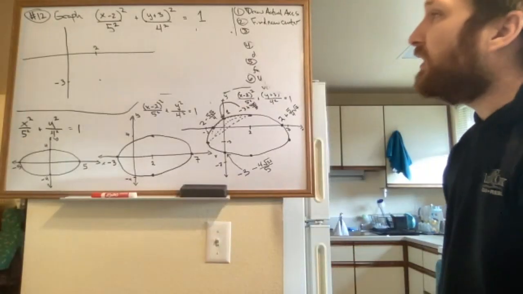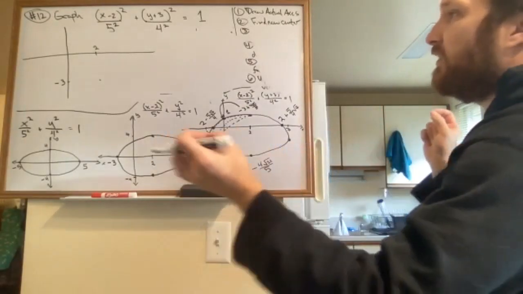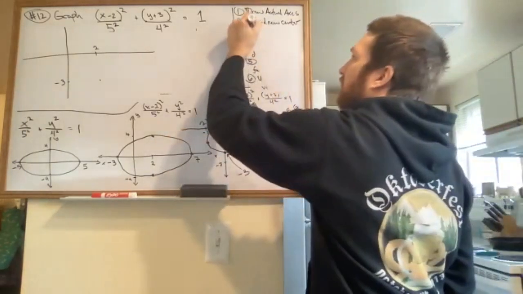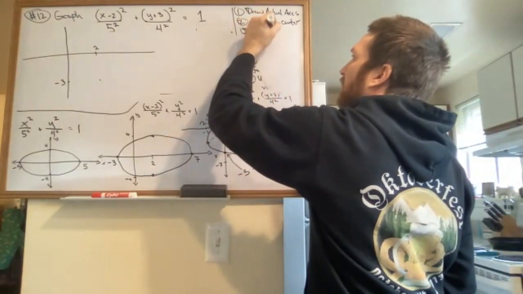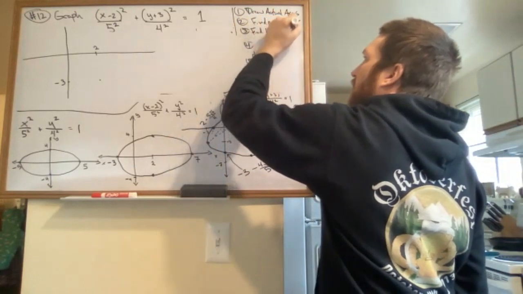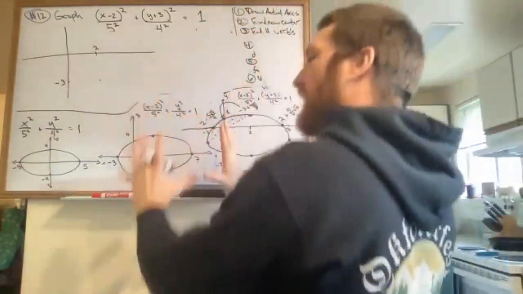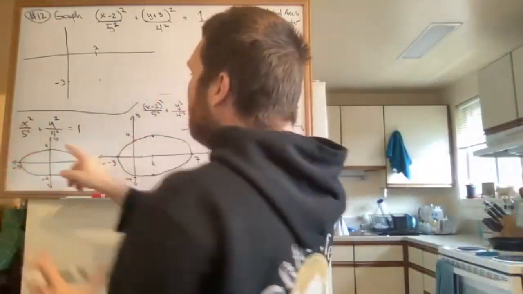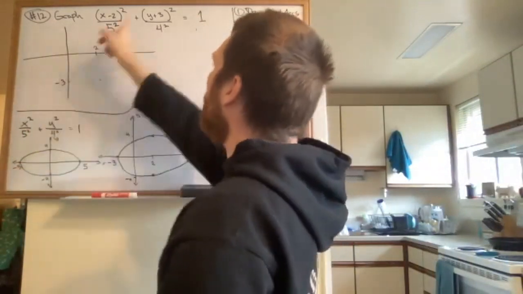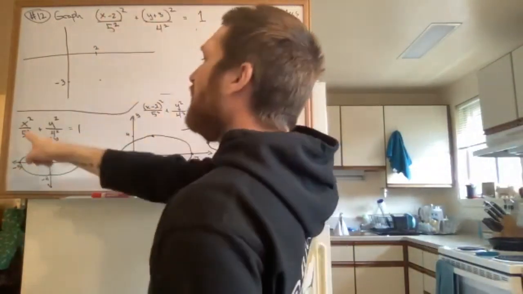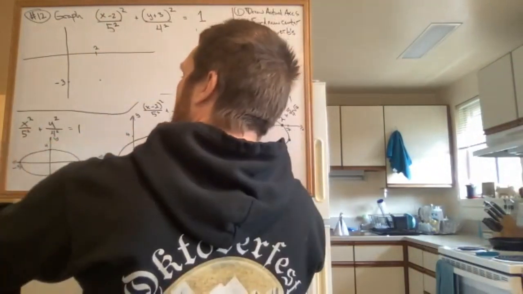Okay, and then step 3 is to find the 4 vertices. And we get that by saying, well, and we're kind of moving our picture back in our head, saying, well, if this were the original one without all the shifts, then X would be 5 and -5.